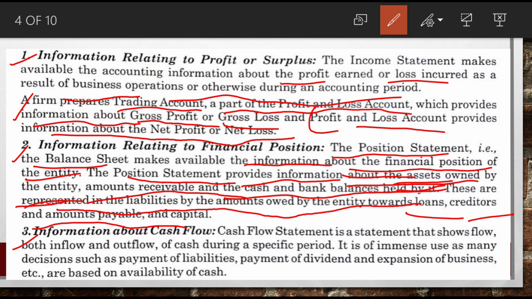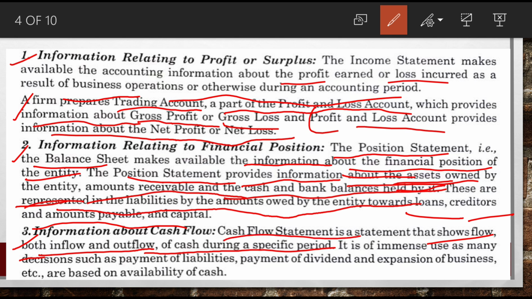The name of that statement is the cash flow statement. It shows both the inflow and outflow of cash during the specified period, the total inflow and total outflow of cash.